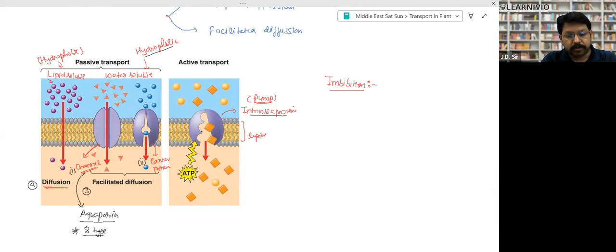In active transport, the protein channels which are required are called pump.